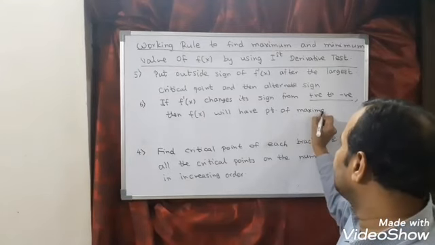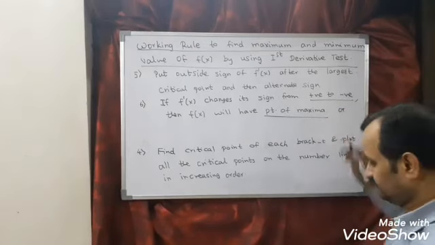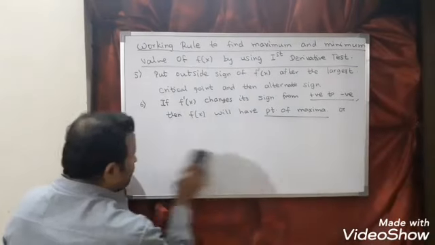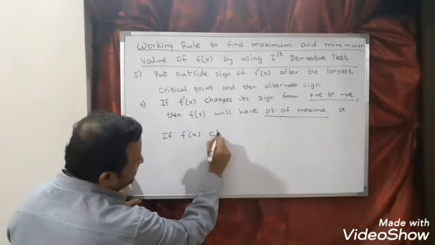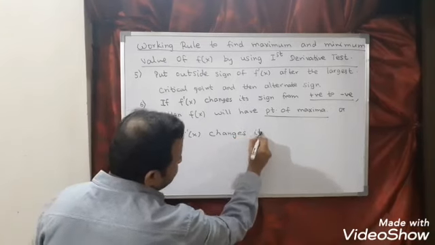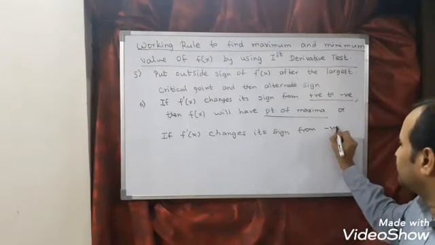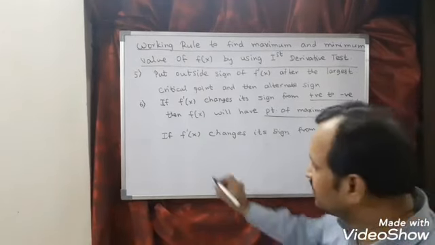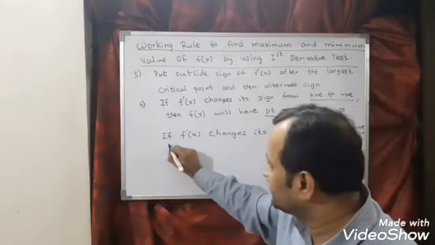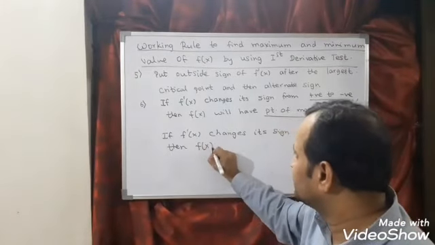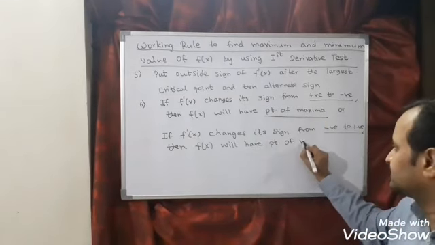Or if f dash x changes its sign from negative to positive, then f of x will have point of minima.